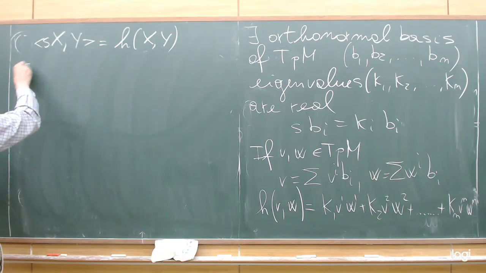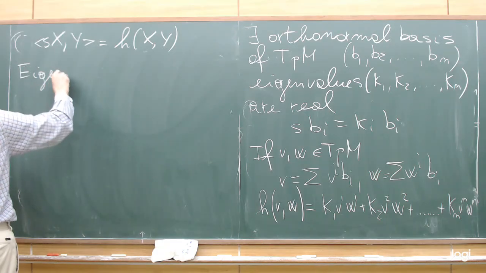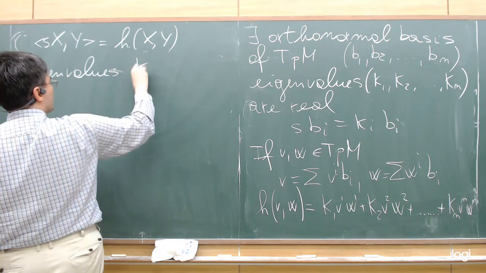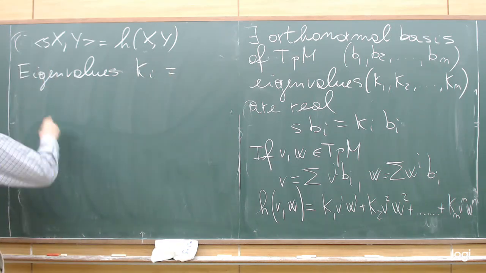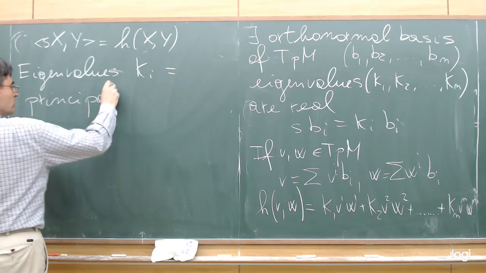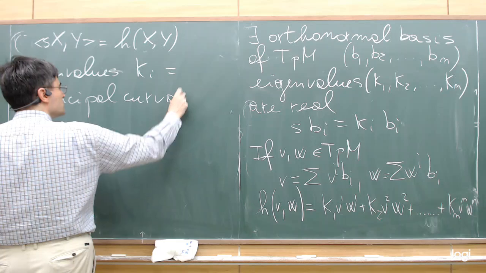So the eigenvalues Ki are known as principal curvatures.